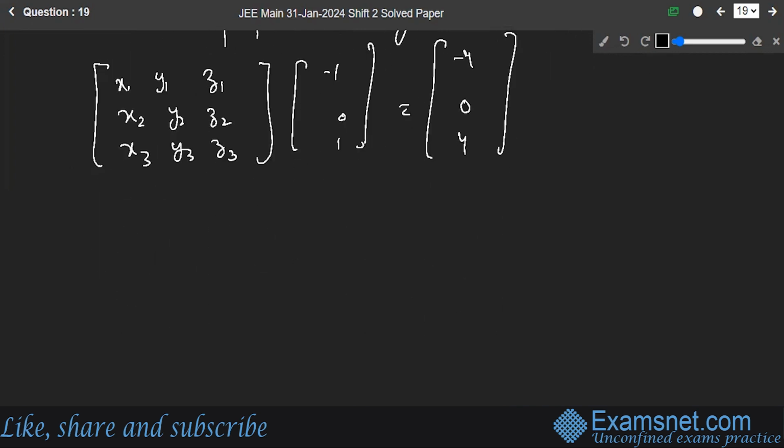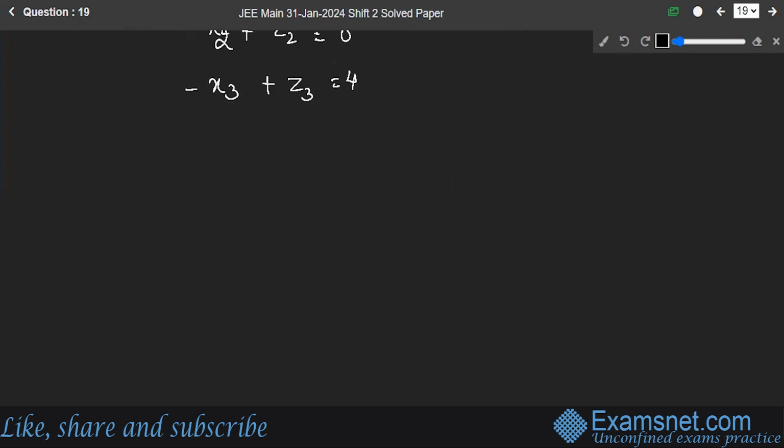On solving, this will give me minus x1 plus z1 is equal to minus 4, and minus x2 plus z2 is equal to 0, and minus x3 plus z3 is equal to 4. We get these equations.